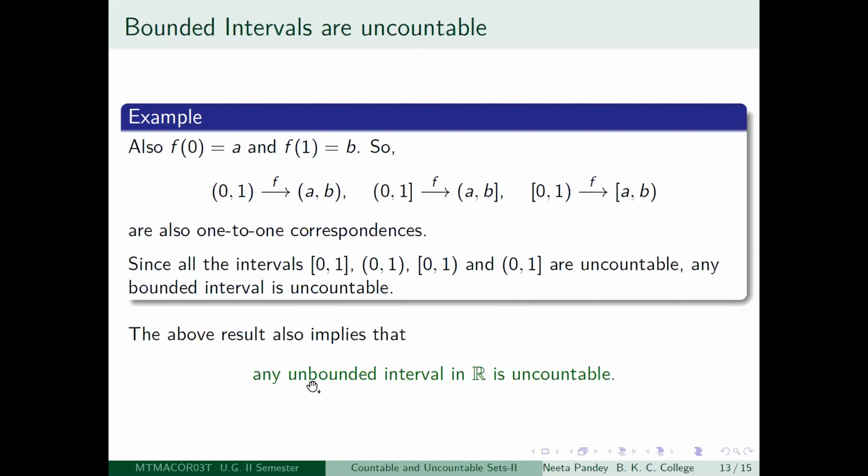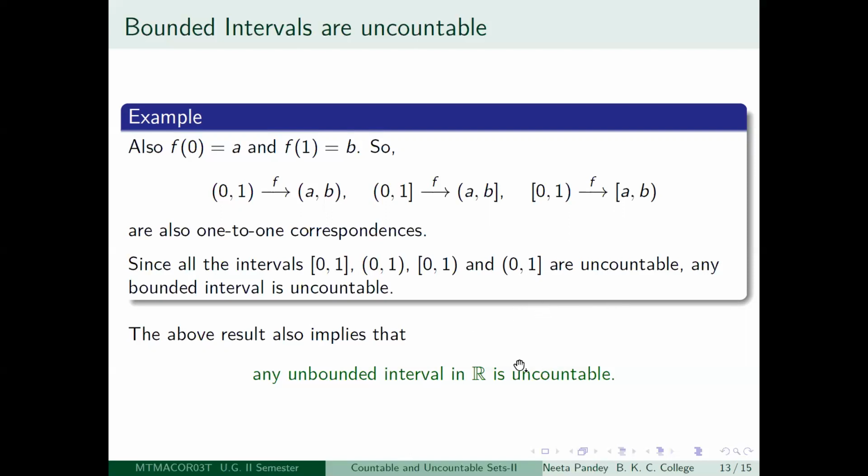So if you take any unbounded interval, what will they look like? They are also of four types: open interval a to infinity, or closed interval a to infinity, or open interval minus infinity to a, or closed interval minus infinity to a.